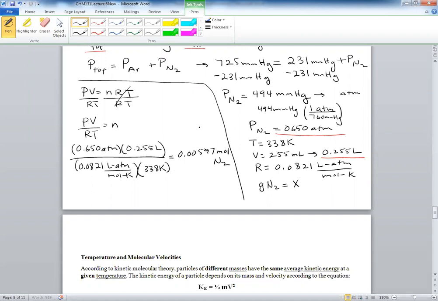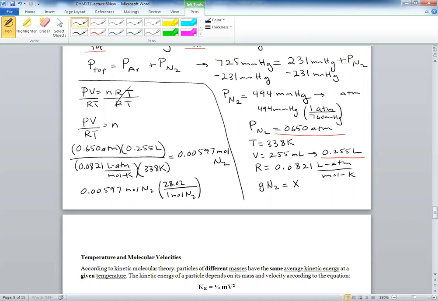Now, can you take this number and convert it to grams? Yes, we can. So we take this number and multiply by the molar mass, which is 28.02.